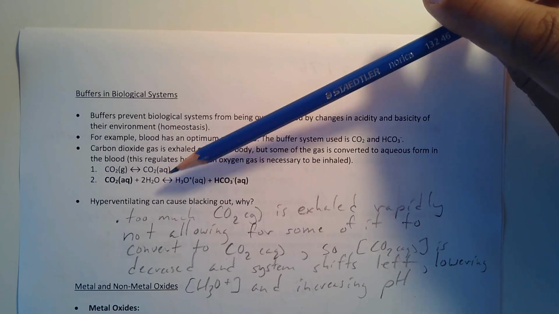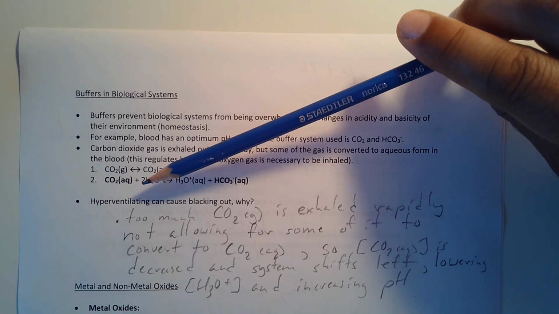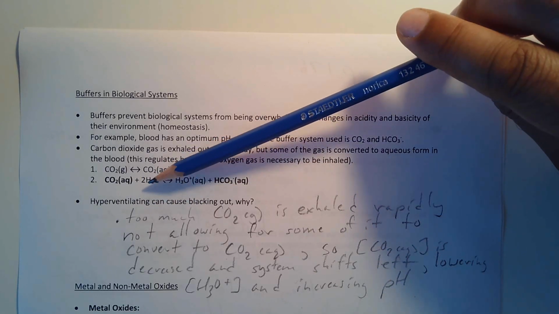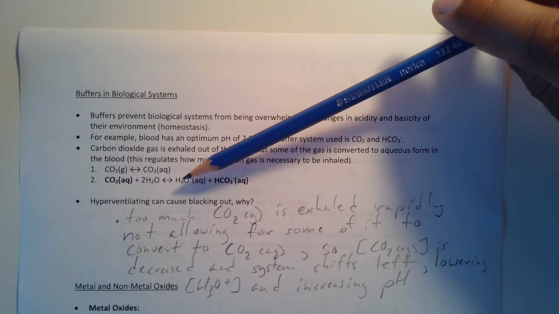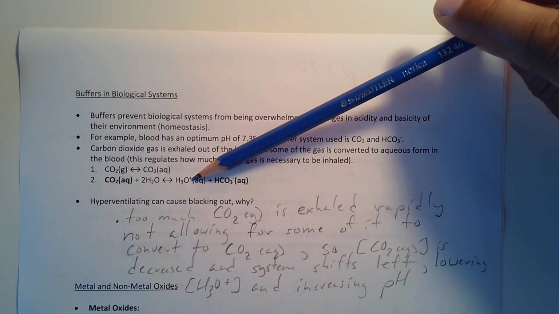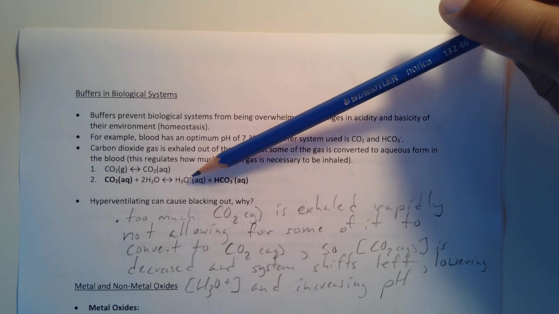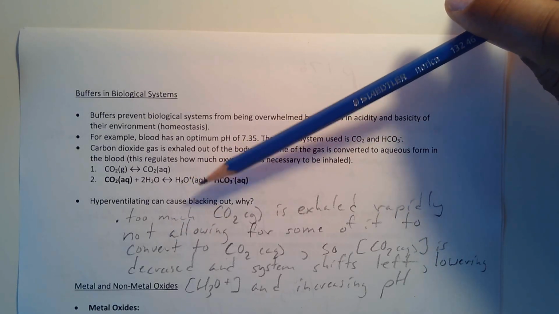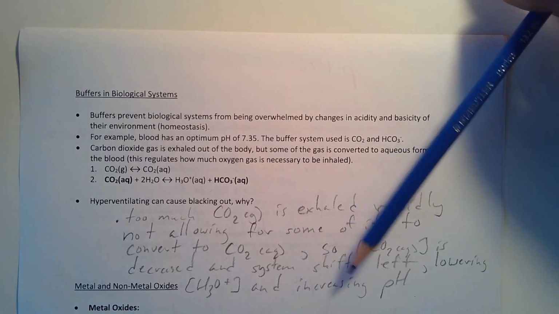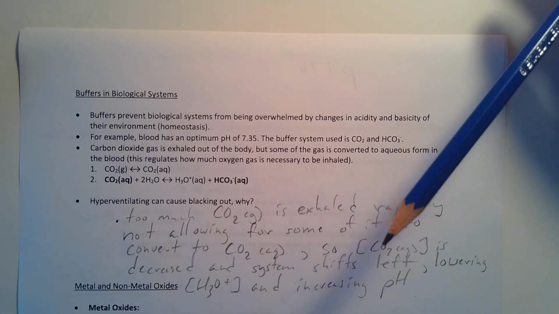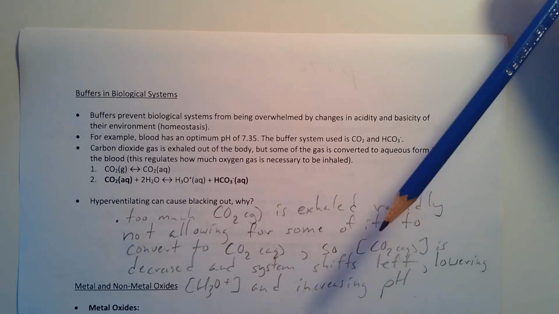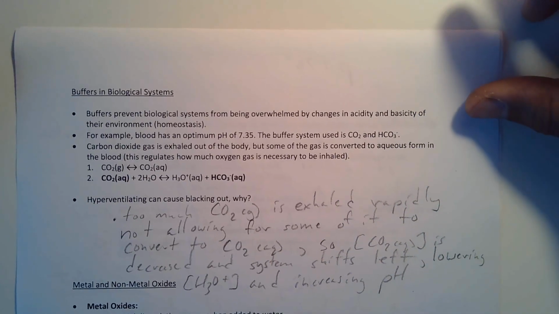So the aqueous form here is going to get reduced. The equilibrium is going to shift left, and it's going to reduce the concentration of hydronium. And if you reduce the hydronium concentration, you're going to cause the pH to jump up, and that pH jumping up is what has an adverse effect, and what causes someone to basically faint as a result.